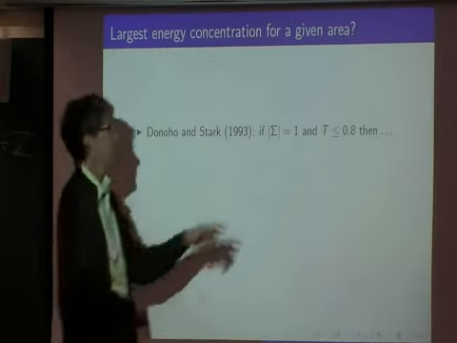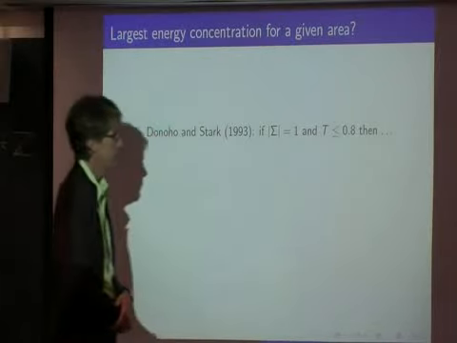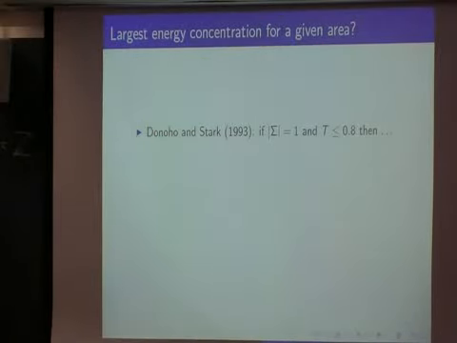If the frequency support has length equal to 1, area-wise, it doesn't have to be an interval, it could be a finite union of intervals, but just a measurable set of measure 1.